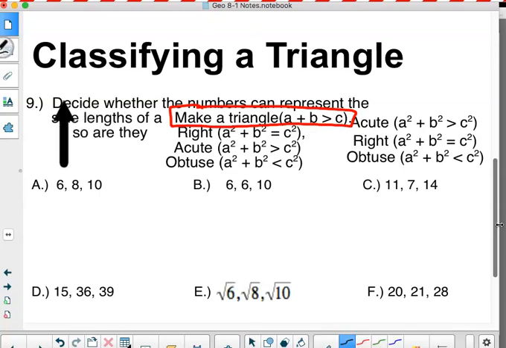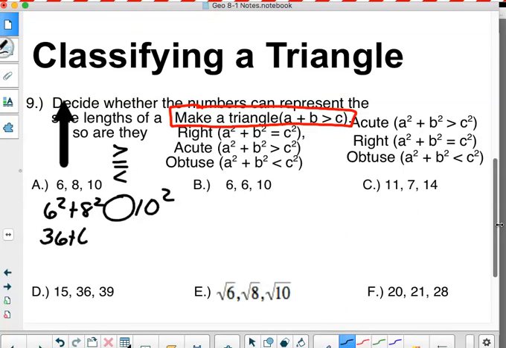Letter A, 6 squared plus 8 squared, and 10 squared. I'm wondering, is it greater than, equal to, or less than? I'm filling in my circle right there. So I've got 36 plus 64, and 100. Well, this is 100 on the left and it's going to be 100 on the right, so I know they'll be equal.